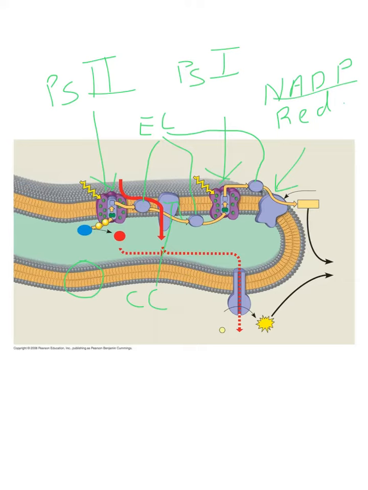One last one, and that's this little puppy down here. This is a special one. It's a special channel protein called ATP synthase, and stuck in the little channel is what essentially acts like a small rotor.